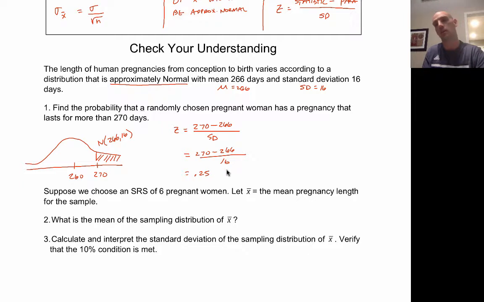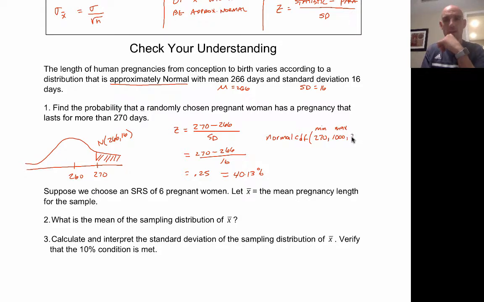We could go to our table A, and we get that this is equal to 40.13%. Or remember, we can do our normal CDF. We go from 270 as the min, and for the max you put in something like 1,000, or infinity if you have that functionality in your calculator.